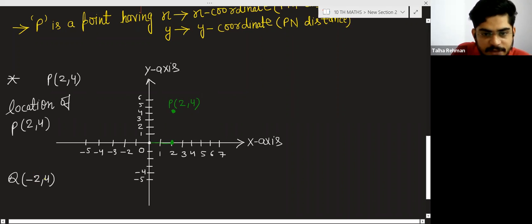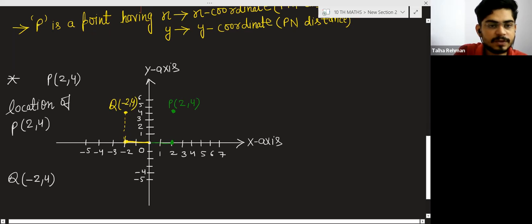Now x is -2. Move in this direction, -2, a distance of 2 in this direction. Now you are here, and now perpendicularly move to 4. So you will be here. So this is the point Q having -2, 4.